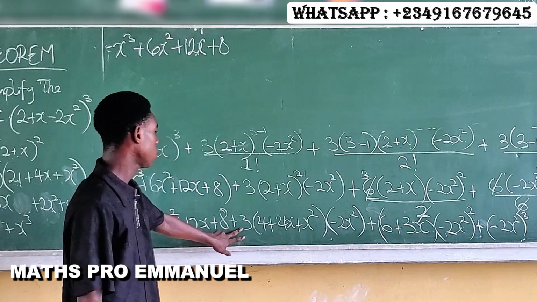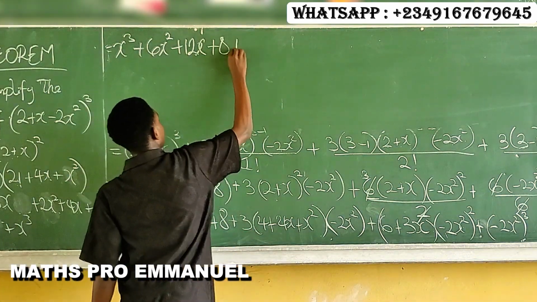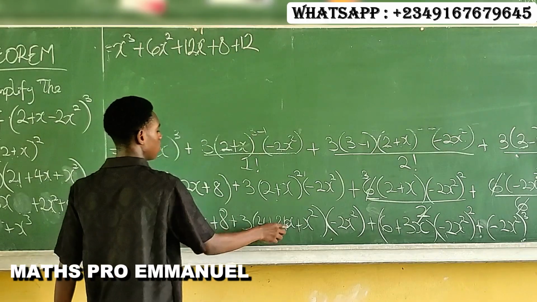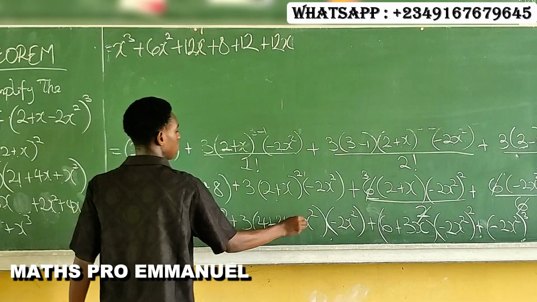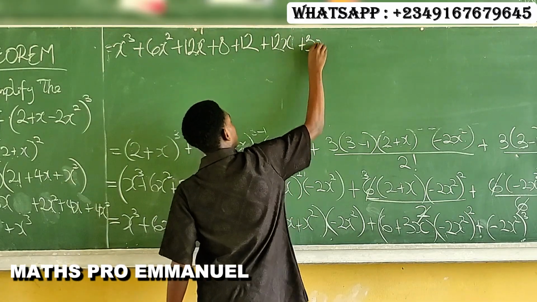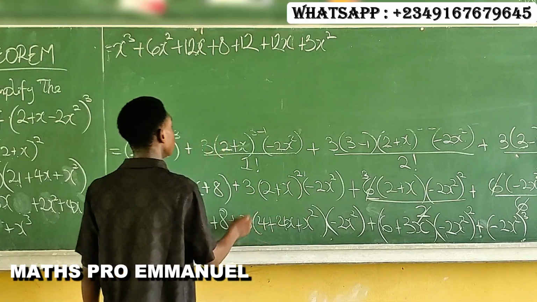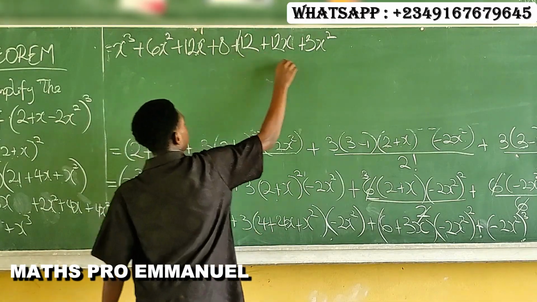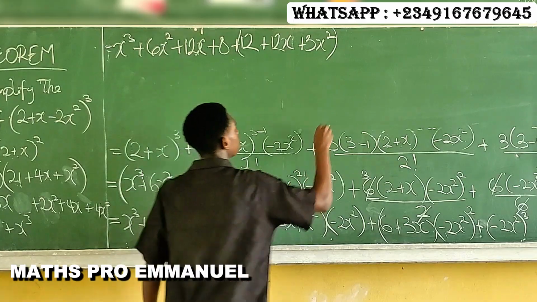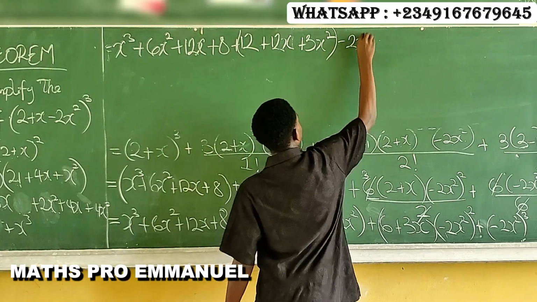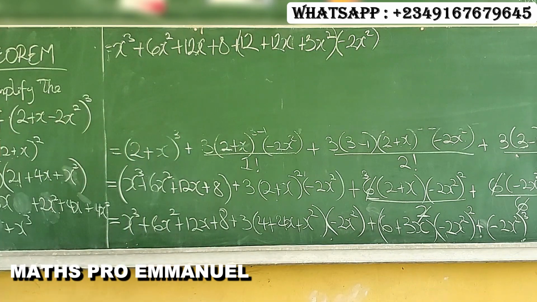Now to expand this, 3, we multiply this and I have 12. 3 multiply this, I have 12x. 3 multiply this, I have 3x squared. Okay, so now the whole of this, 12x down to this 3x squared, is multiplied by minus 2x squared.